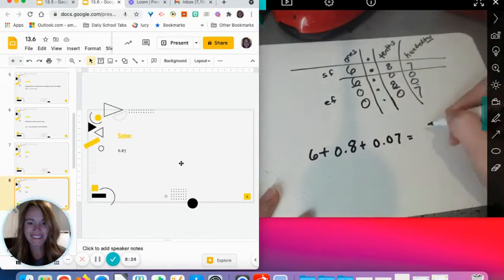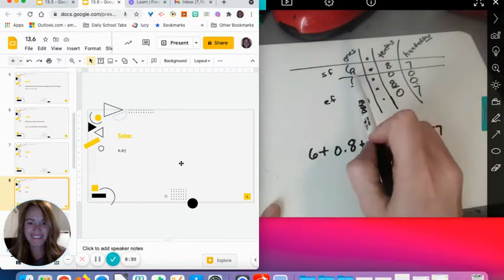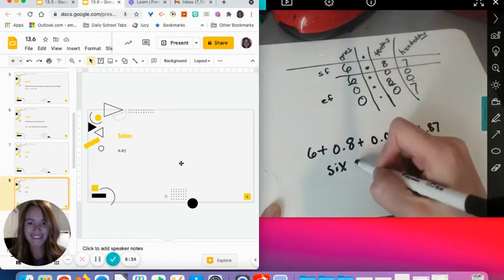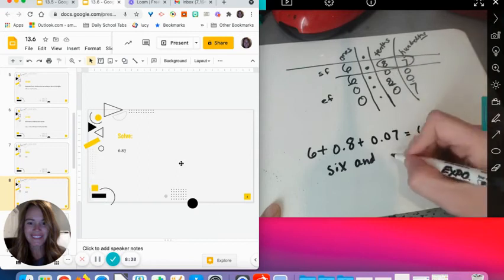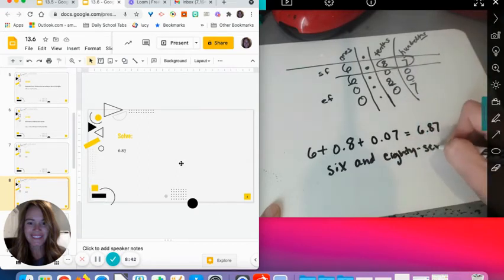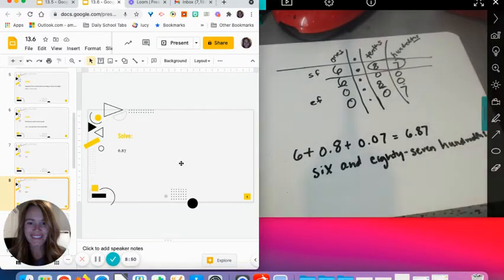And that equals 6.87. Now, if we were to write this in word form, we would say 6 and, we write this together, 87 hundredths. Alrighty.